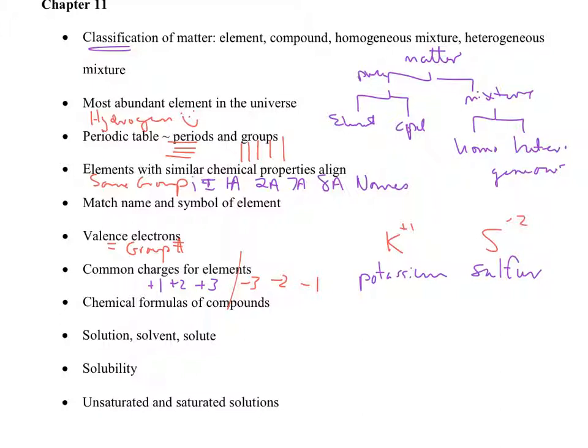Now the thing about crisscrossing is the charges are always going to end up as subscripts, and the charge won't be there. So if I write K, notice that I'm going to need 2 Ks, so I'll put a little subscript 2 there. And I'll put an S for sulfur, and I'm only going to need 1 sulfur, so I'll put a 1 there.